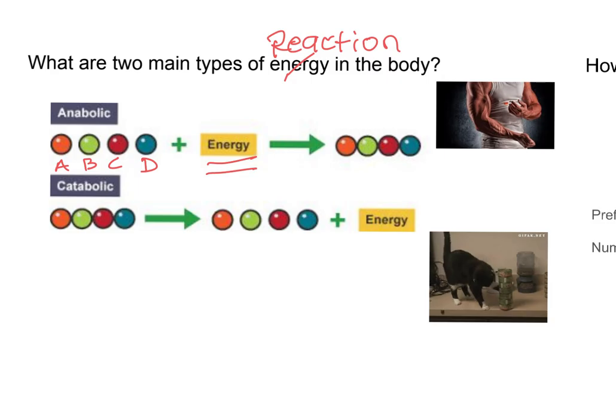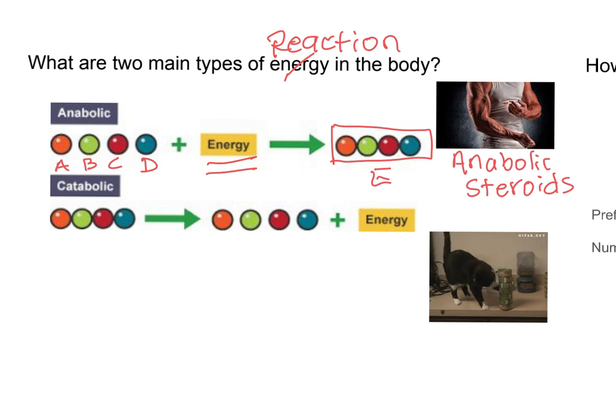Anabolic reactions are endothermic, and we create a new, bigger molecule that we'll call E. Picture someone injecting anabolic steroids. That's where that term comes from. Anabolic steroids are used by bodybuilders to build muscles. So anabolic builds larger molecules.